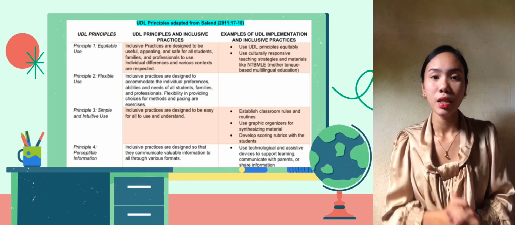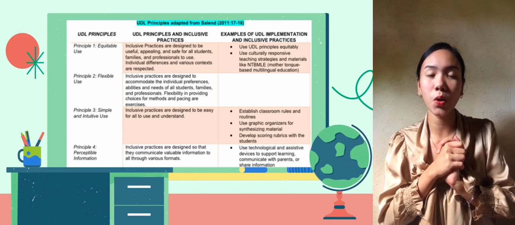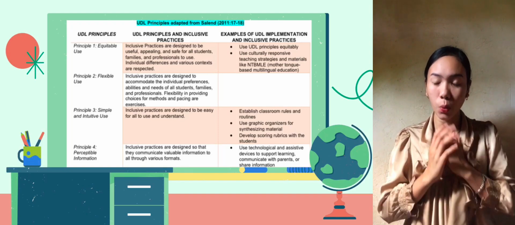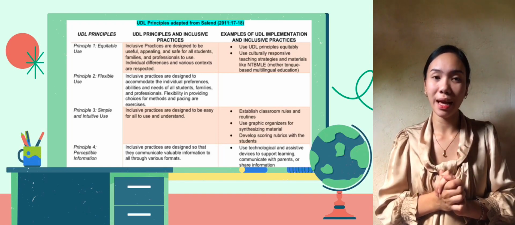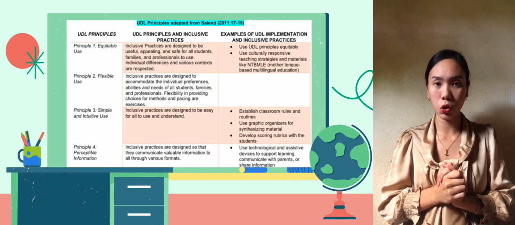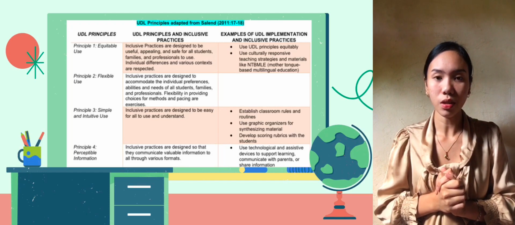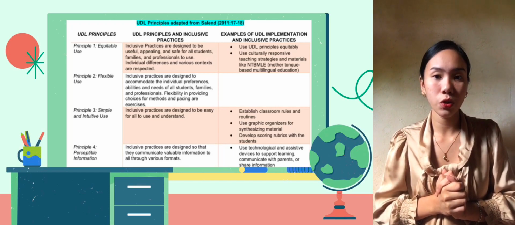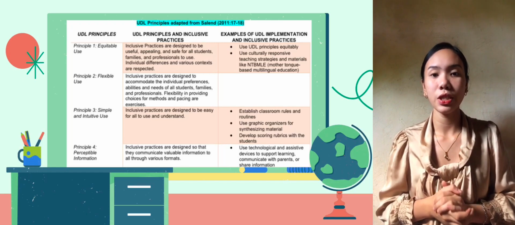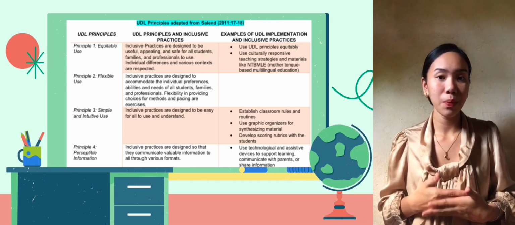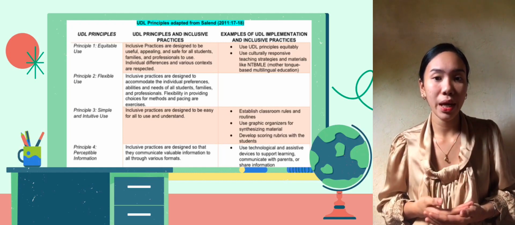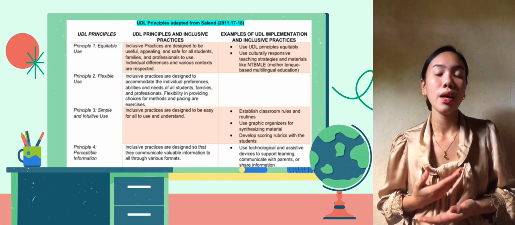So number 1, use UDL principles equitably. Of course, we have to apply these UDL principles because this is the most important thing as a future educator soon. And then, use culturally responsive teaching strategies and materials like MTBMLE. What do you mean by that? A mother tongue based multilingual education.